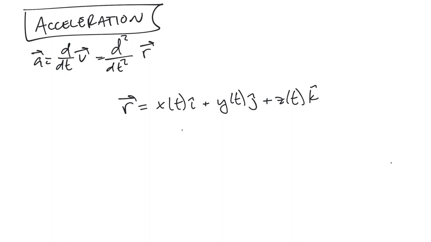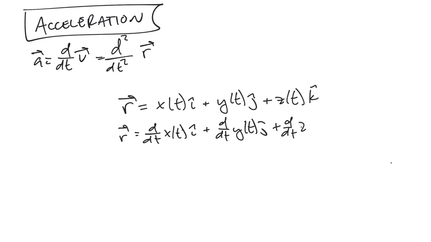And then we took the derivative of that to get velocity. So we had that's equal to d/dt of x of t i plus d/dt of y of t j plus d/dt of z of t k. Sorry, this looks like an R. That's supposed to be a v for velocity.